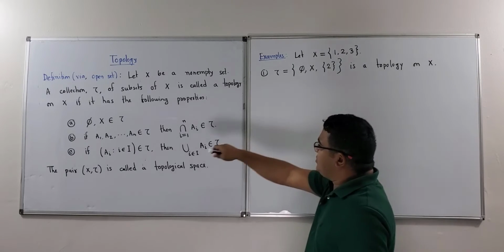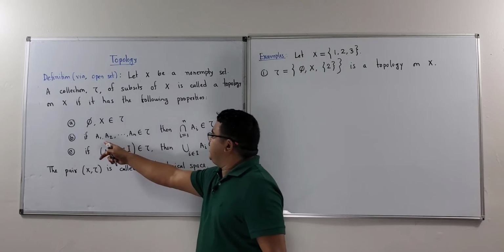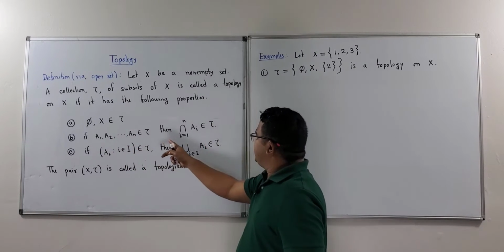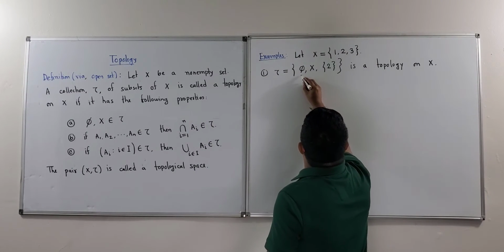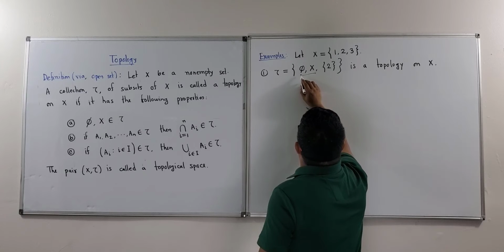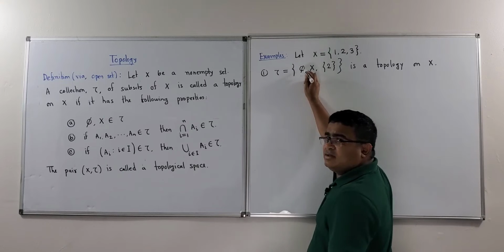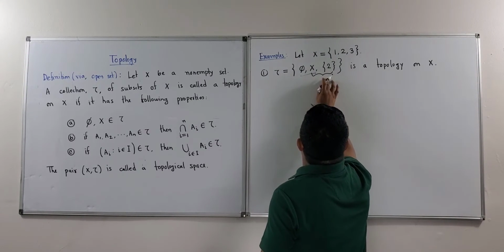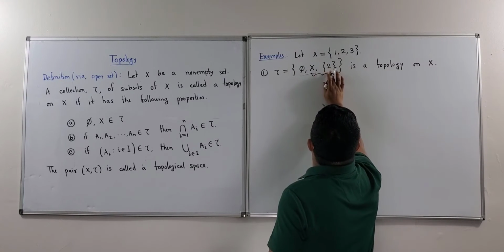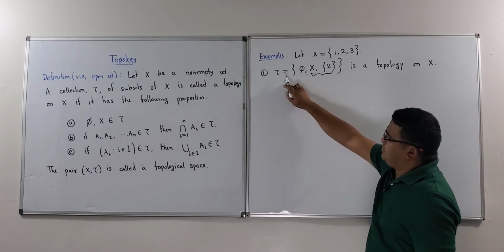So first condition, the empty set and X, it satisfies, and the second condition is if there are a finite number of subsets, then their intersection would be in tau. So if we consider these two, their intersection is the empty set, which is already in tau. If we consider these two, their intersection is 2, because X is 1 2 3, and the intersection of 1 2 3 and 2 is 2, and 2 is already in that collection.